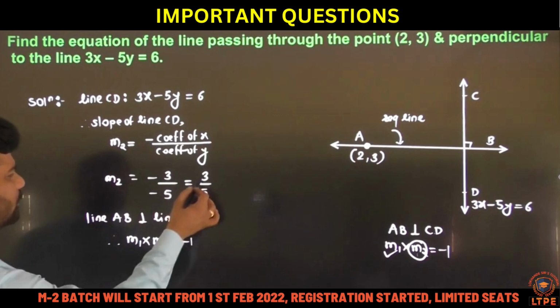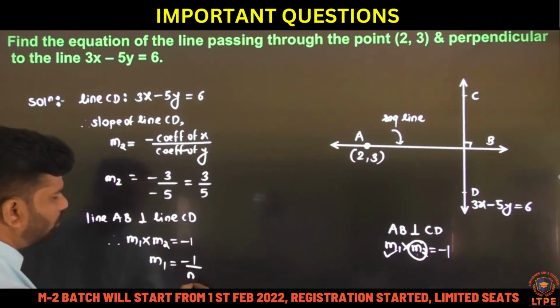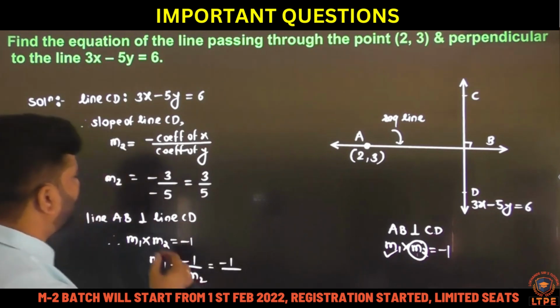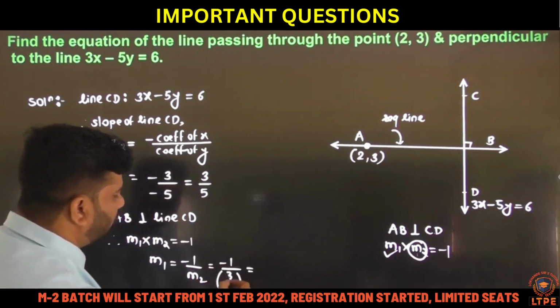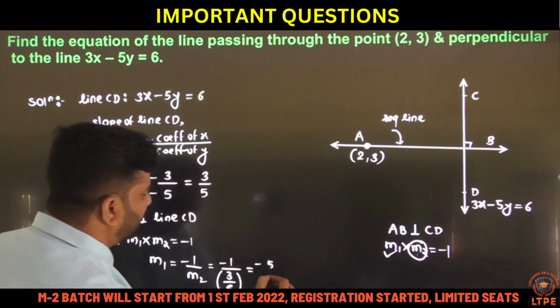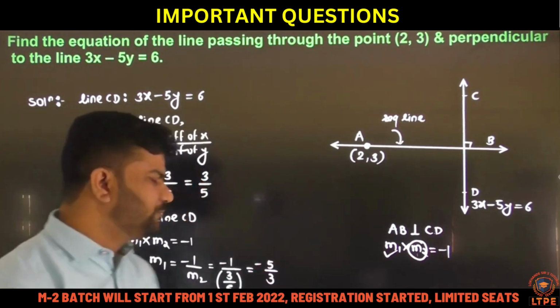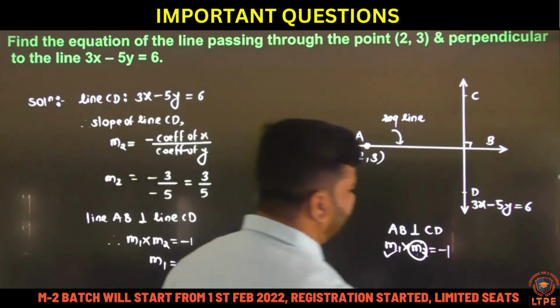M2 is 3 by 5. To calculate M1: M1 is minus 1 upon M2. M2 is 3 by 5, so transferring 3 by 5 to the numerator, we invert it to 5 by 3. So we get the slope of line AB as minus 5 by 3.